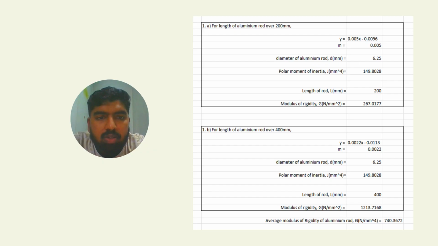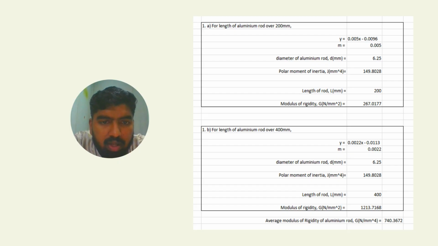And finally, the modulus of rigidity G that we can obtain by using the formula G is equal to L, length of rod, over m, gradient, times polar moment of inertia J. So here we've got 267.0177.